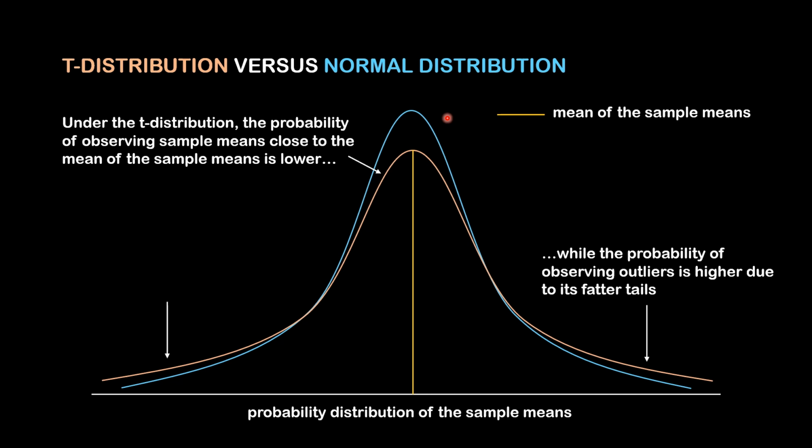In other words, as sample size n increases, the t-distribution starts to look more and more like the normal distribution. The fatter tails we have in the beginning when n is small become thinner and thinner as n increases, and its height gets closer and closer to the height of the normal distribution as n increases.